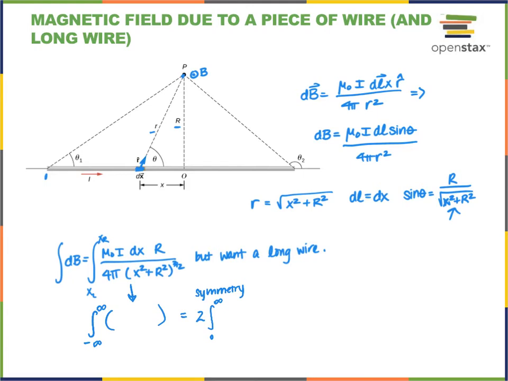And so then our integral will be mu naught I R dx over x squared plus R squared raised to the 3/2. Sorry, I forgot the 4 pi.